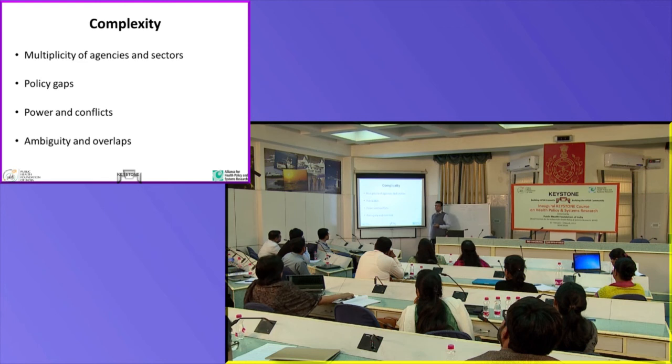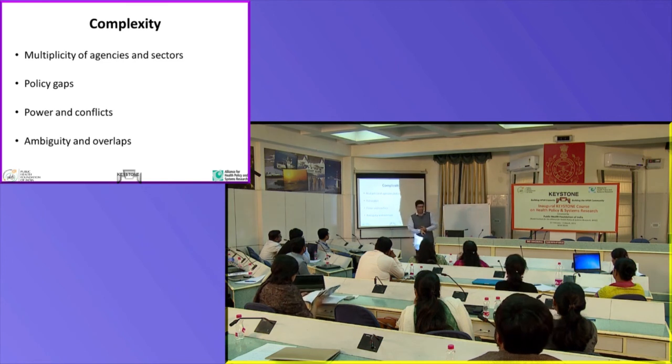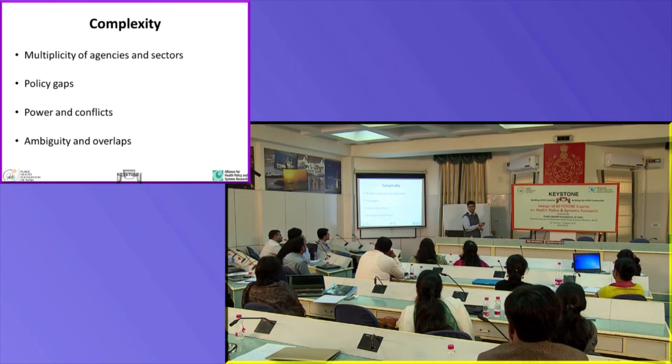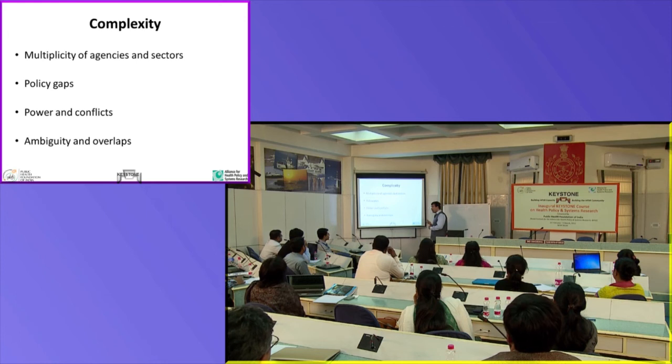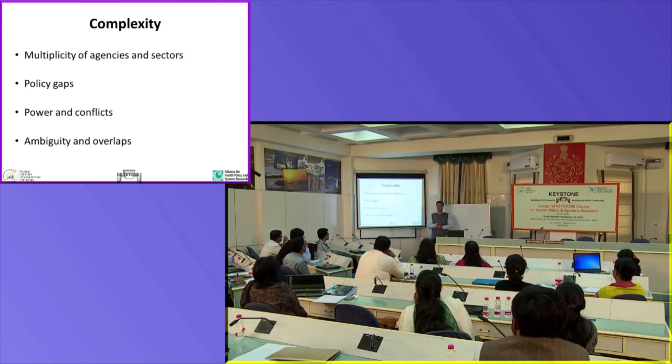And then this one, which is of course linked to this one, power and conflicts. People have interests, vested interests in organizations, in systems, in institutions. They wield power, they have particular powers which may go over and above the influence that their organizations wield, or even particular organizations may have power which is disproportionate, either less or more than they actually should be having, and it's messy.